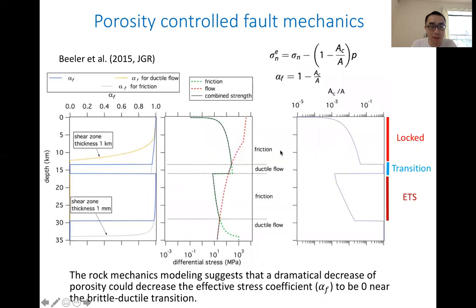The rock mechanics modeling study suggests that a dramatic decrease in porosity can well explain the brittle-ductile transition, which is very consistent with our observed variations in Vp/Vs, fluid content, and porosity from the locked zone to the transition zone in southern Cascadia.